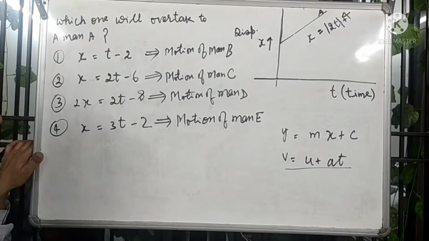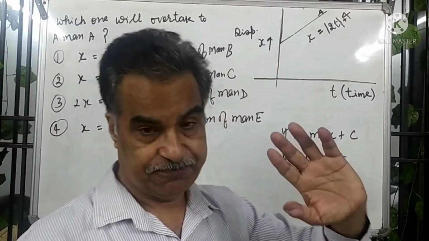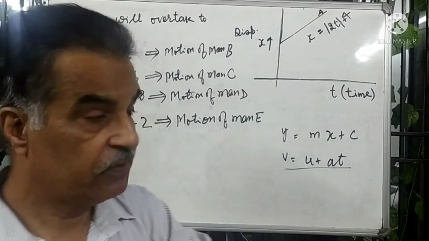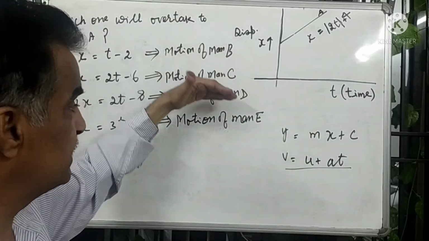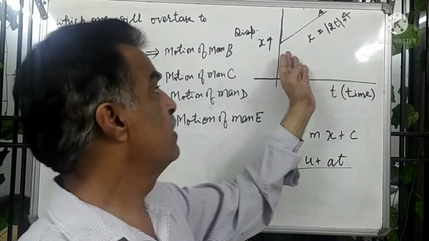Now the question is this: out of B, C, D, E, which person will overtake person A?